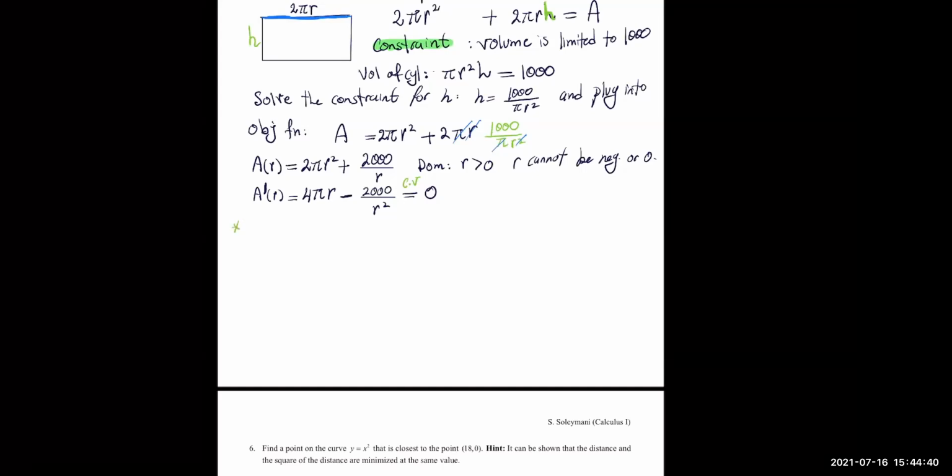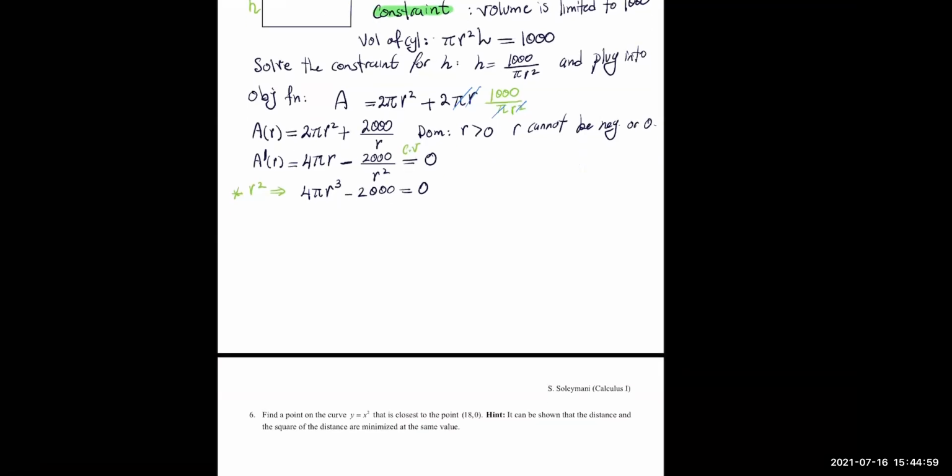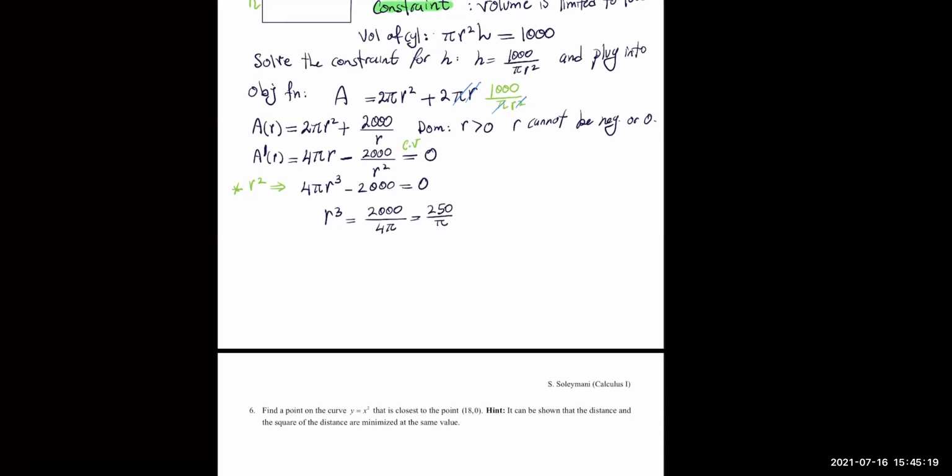I'm gonna get 4 pi r cubed minus 2000 equal to 0 times r squared, that's 0. And then you can isolate r cubed. R cubed is equal to 2000 divided by 4 pi, and that gives us 250 over pi. And then take the cube root.